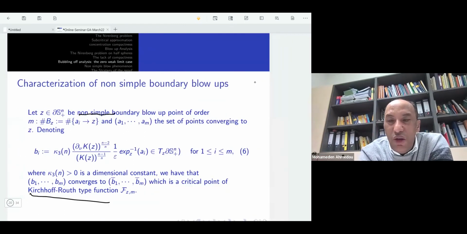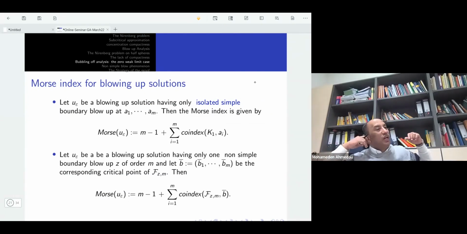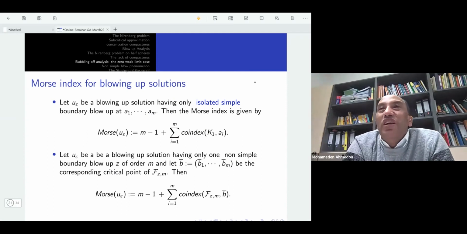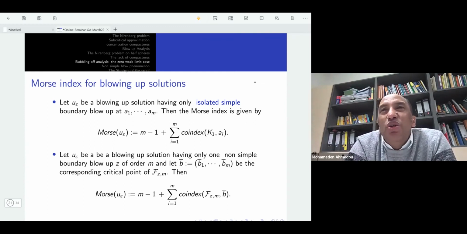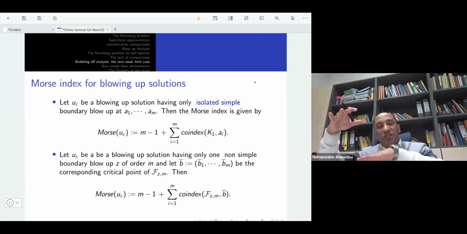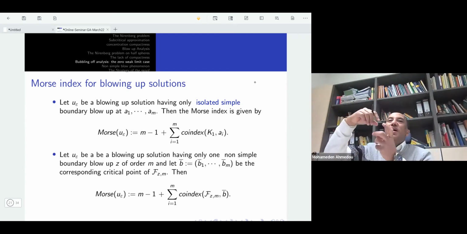And so this is not the whole story. The whole story is that actually our aim is to analyze this problem from a variational viewpoint. And for the variational viewpoint, you would like to understand the topological contribution of a blowing-up solution to the difference of topology between the level sets of the function. Like in Morse theory, and like in any extended Morse theory, what plays a role here is the Morse index of this solution.